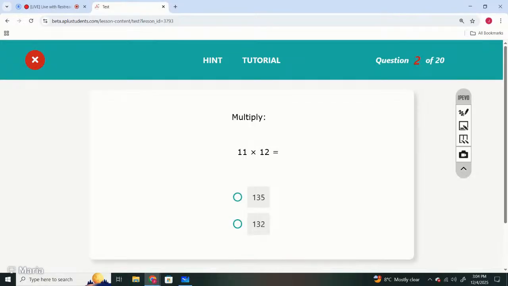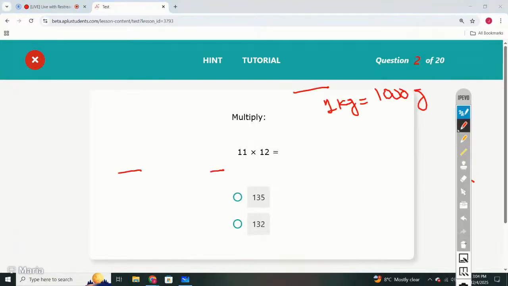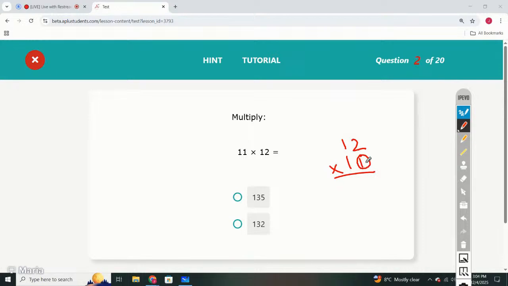11 times 12. Two digit multiplication you can perform if you are not good with multiplication tables. You can multiply them also. Start with multiplying the ones digit. 1 times 2 is 2. 1 times 1 is 1. Now to multiply the tens digit, we need to put a 0 right below the ones and start writing the numbers from the tens digit. 1 times 2 is 2, 1 times 1 is 1.